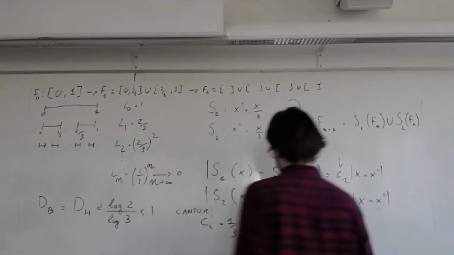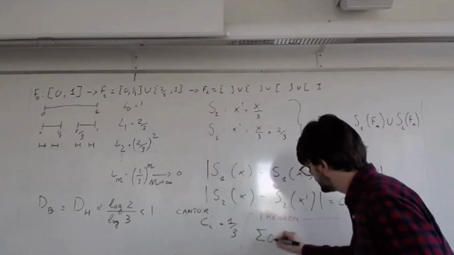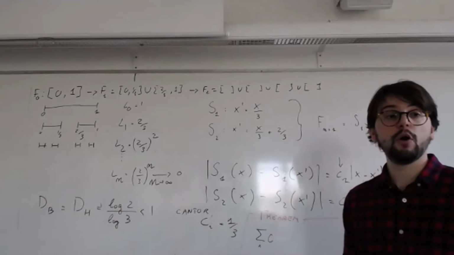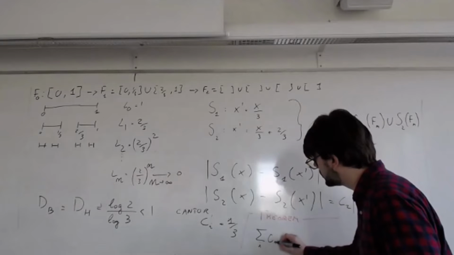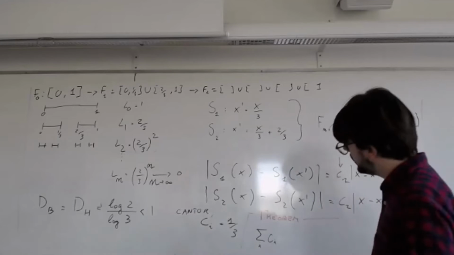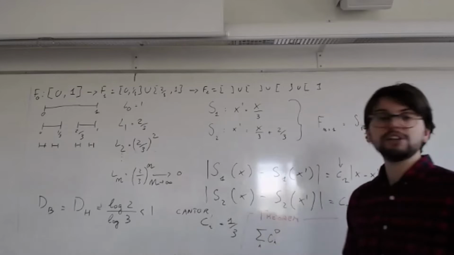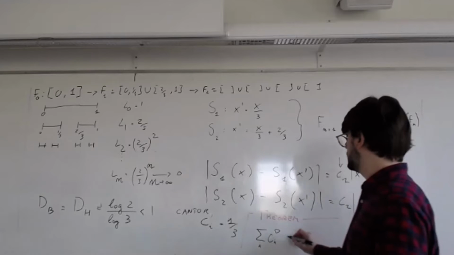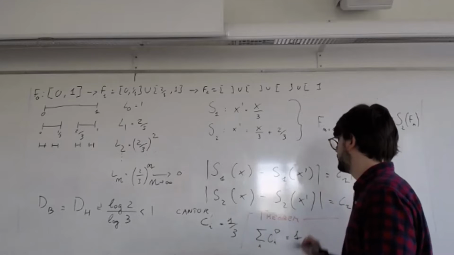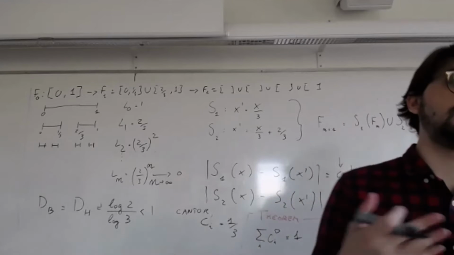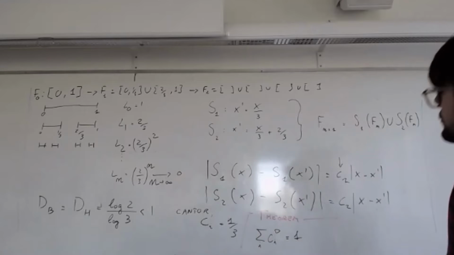So the theorem states that the sum over I, over all the pieces, of the contraction factors related to each piece, elevated to the fractal dimension D, is equal to 1. So if you wish, this is another way of defining the fractal dimension.